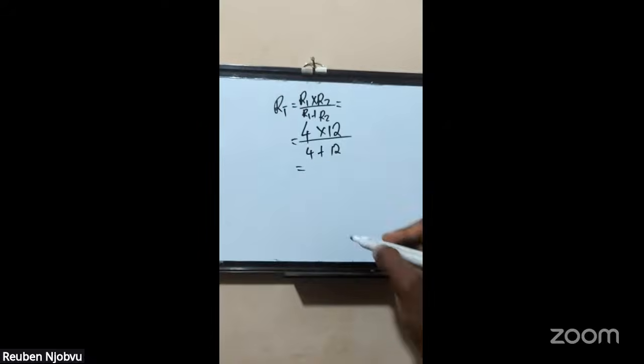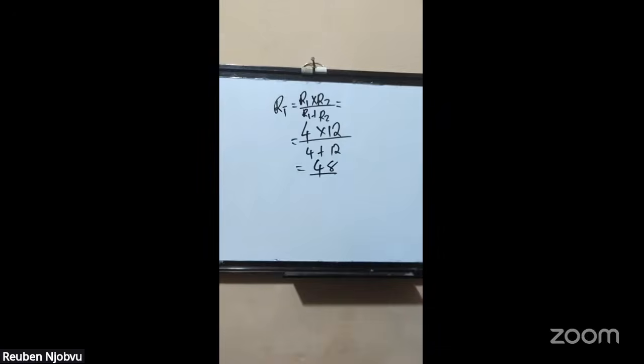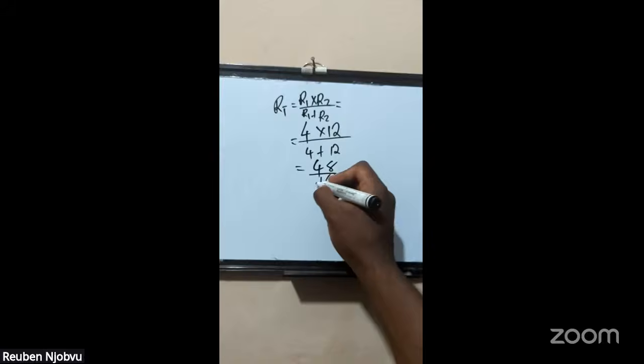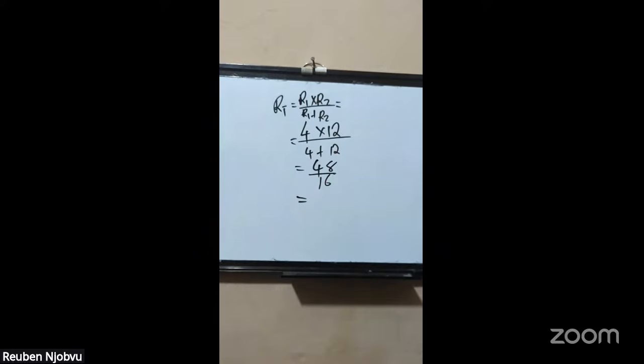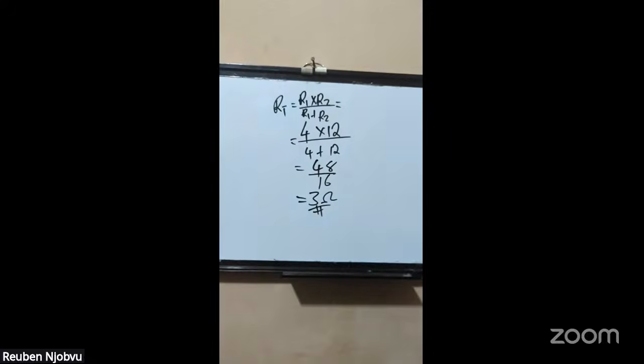So you have 4 times 12, you get your answer 48, over 16. So what's the total? 48 divided by 16. What's your answer here? 3 ohms. You're done. That's your answer for the first one.